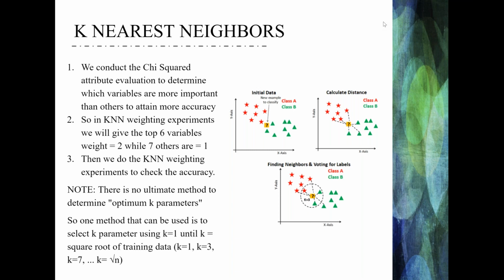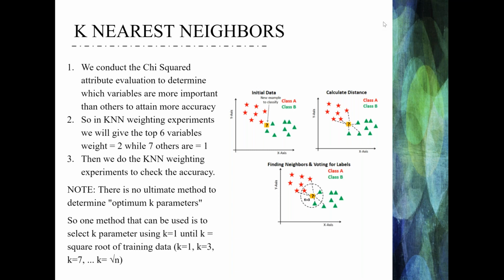There are ways to increase the accuracy of the k nearest neighbors. We conduct the chi-squared attribute evaluation to determine which variables are more important than the others to attain more accuracy. So the KNN weighting experiment gives the top 6 variables.